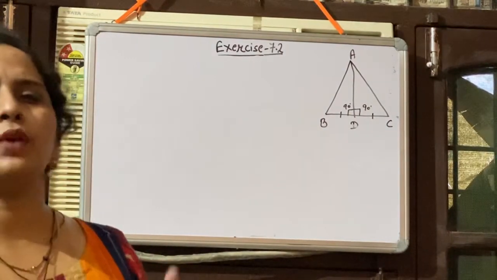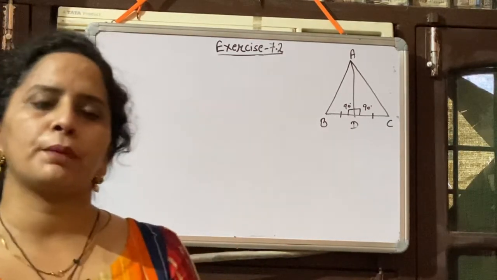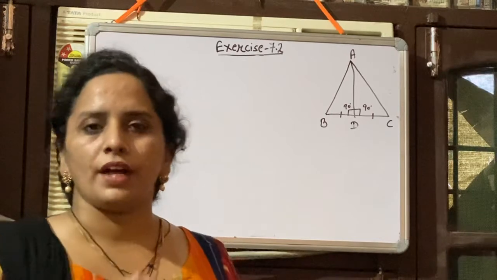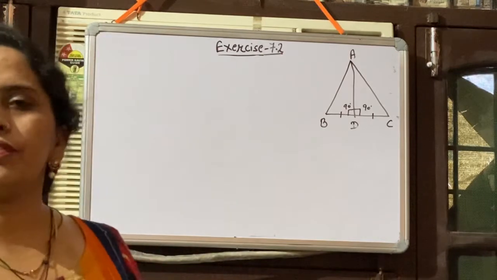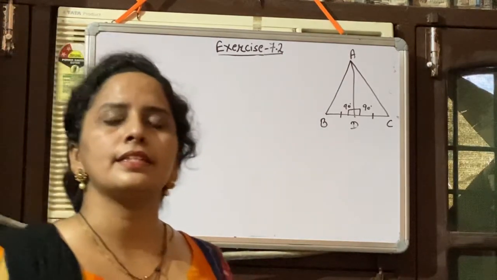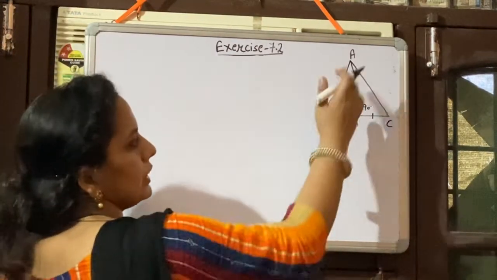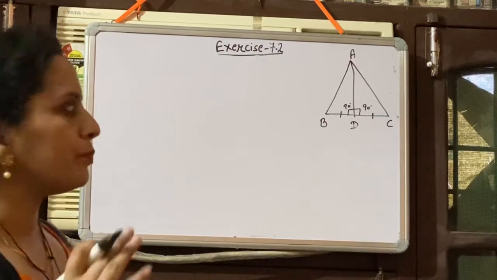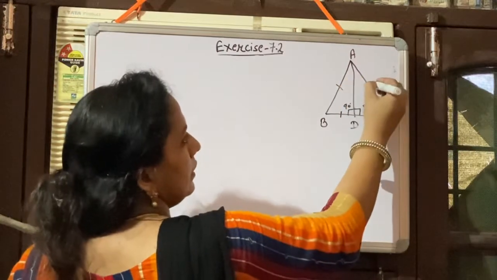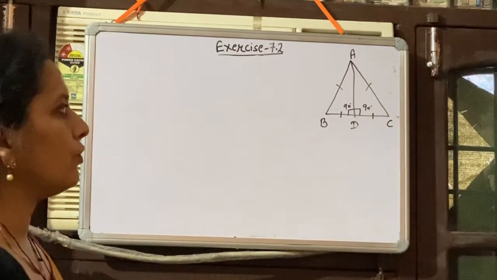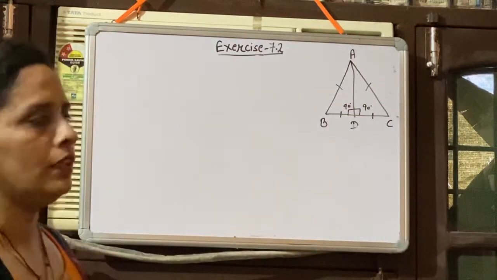In any question, if you have to show any two sides or any two angles are equal, for this purpose you always try to find two triangles and show that the triangles are congruent, because we know if we have proved two triangles congruent, then its remaining parts are equal by CPCT. So if we have to show this triangle is isosceles, we try to equate any two sides. First of all find any two triangles in which these two sides are included.